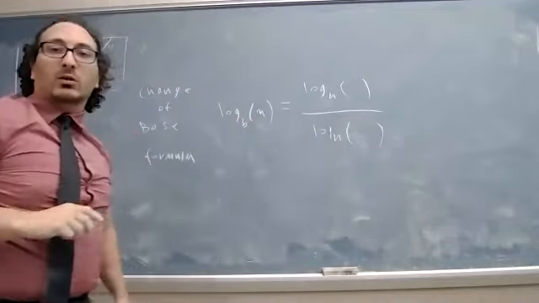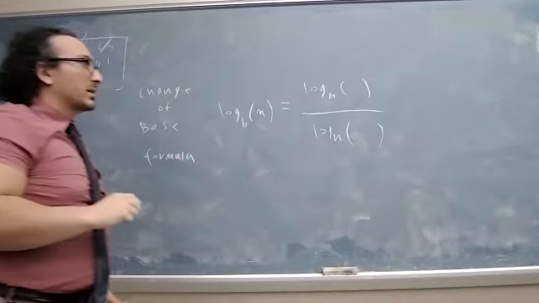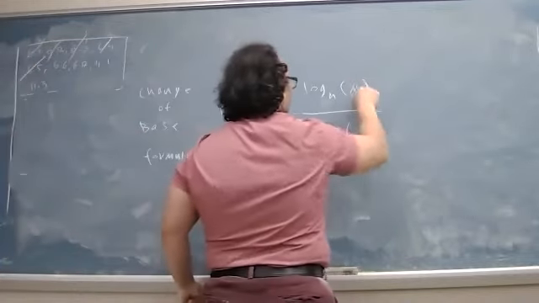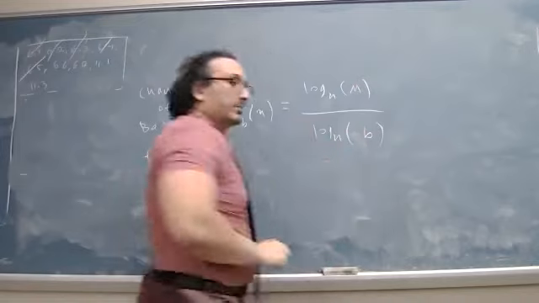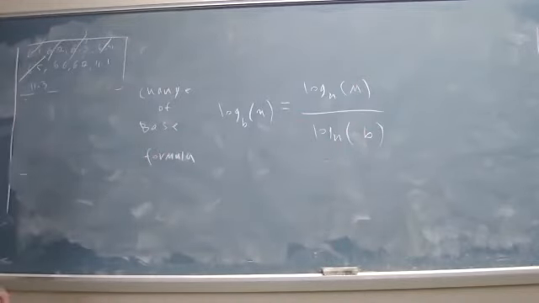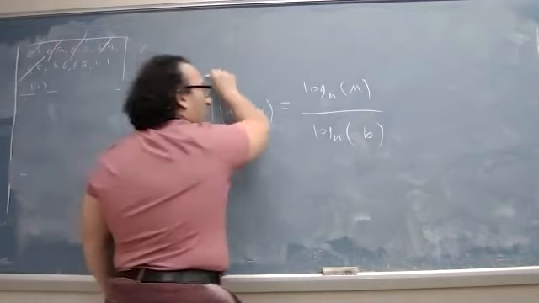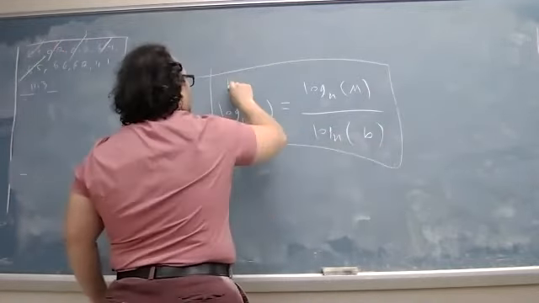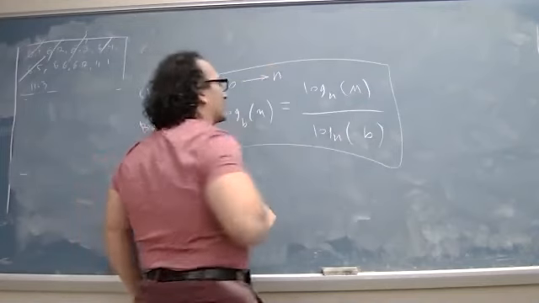Okay, and so what goes up here is your m, and what goes down here is your b. So this is just a formula. This is the change of base formula. It went from base b to base n.